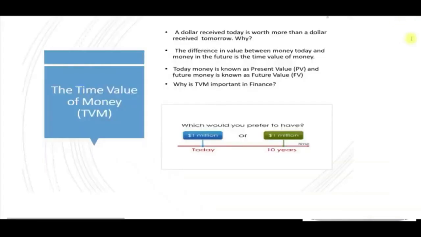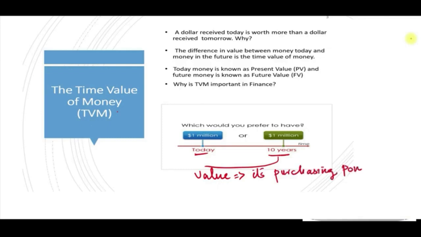Okay, first thing first is the time value of money. The time value of money concept says that a dollar today is not equal to a dollar after 10 years. Why? Because with time it loses its value. When I say value, it means its purchasing power.